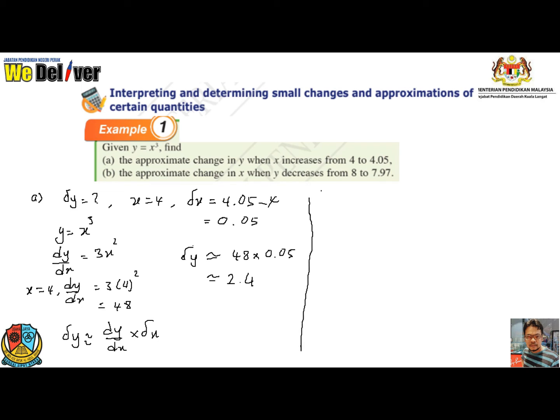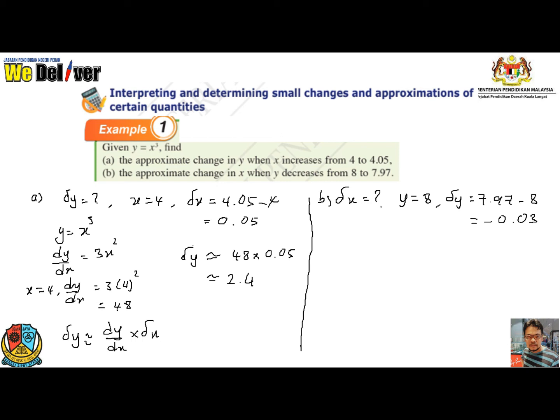Okay, for part b, we are going to find the approximate change in x, that is, we are going to find delta x. When y decreases from 8 to 7.97, that means when y equals 8 and delta y equals 7.97 minus 8, so delta y equals negative 0.03.